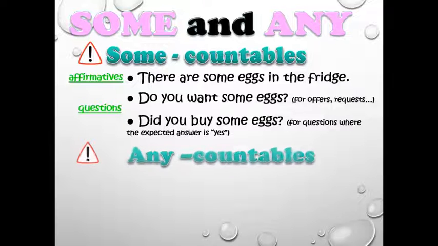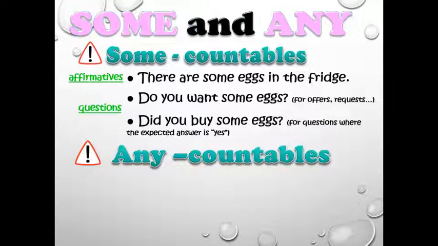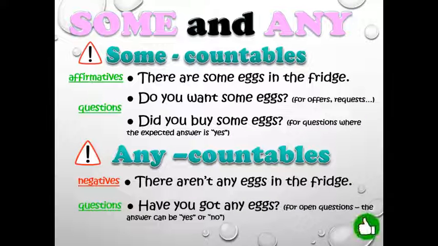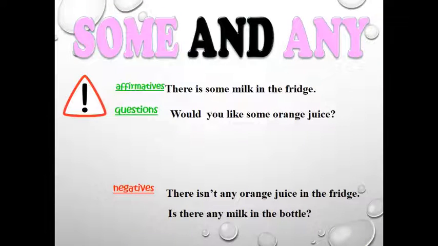We use any for countable nouns in negative sentences. There aren't any eggs in the fridge. But also in questions. Have you got any eggs? For questions when the answer can be yes or no. Some and any with uncountable nouns.